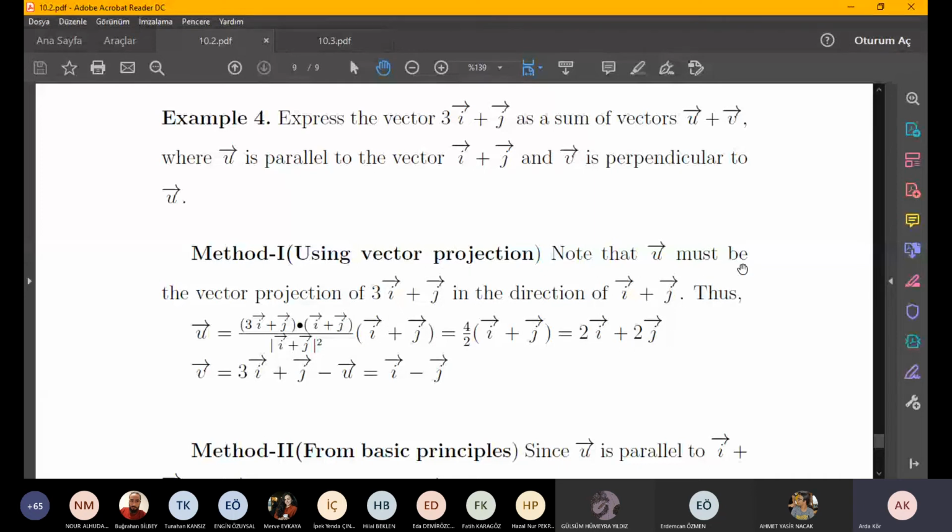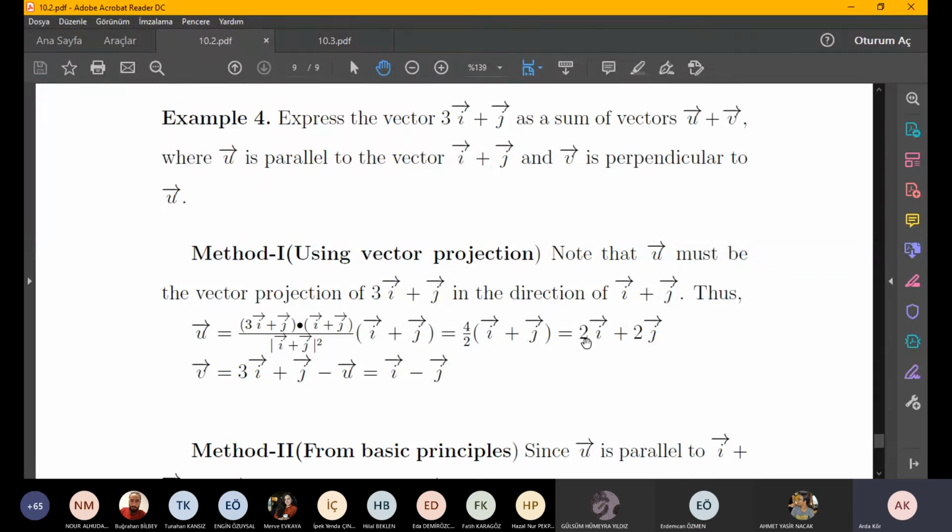After that there is just one step, because we write 3i plus j as a sum of u plus v. That means 3i plus j minus the vector u will give the vector v. So we subtract u from 3i plus j.